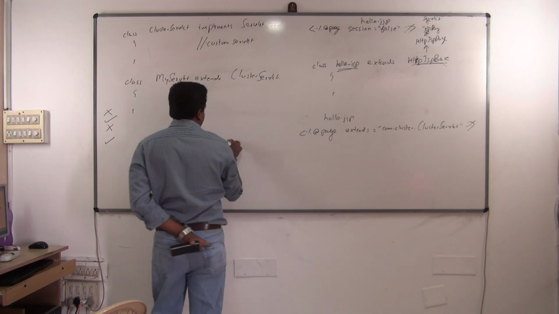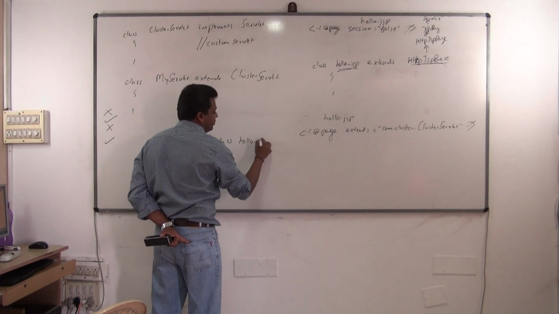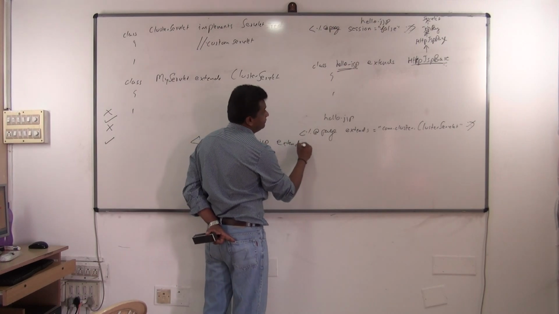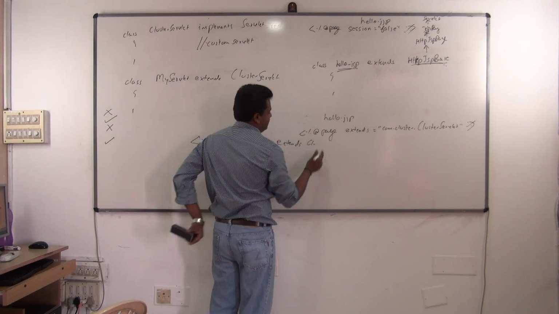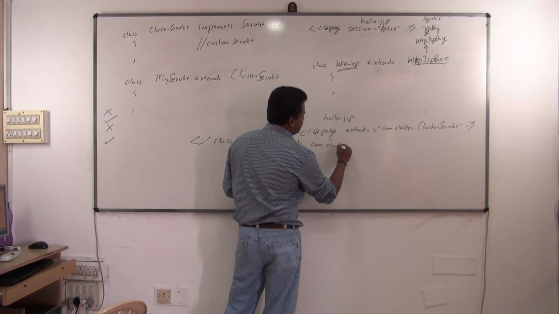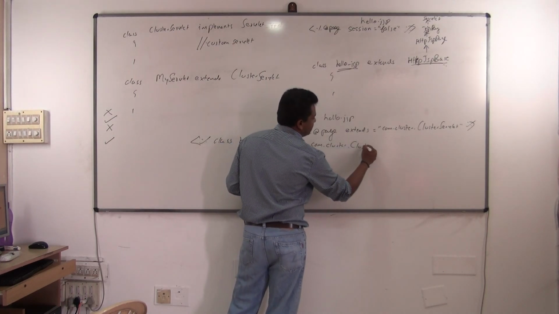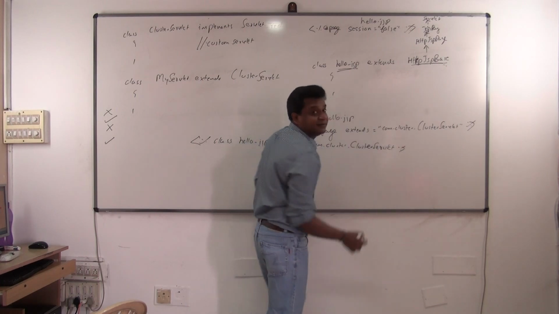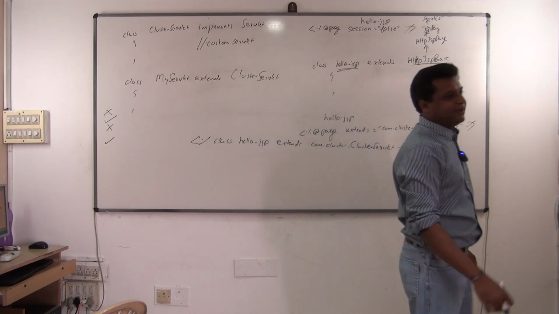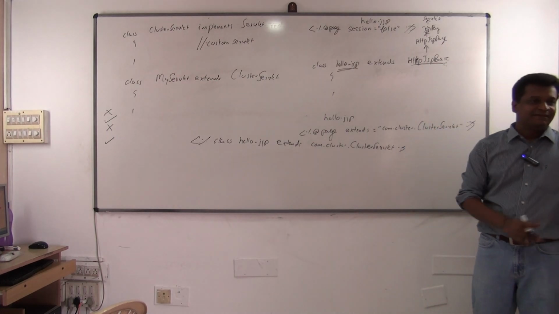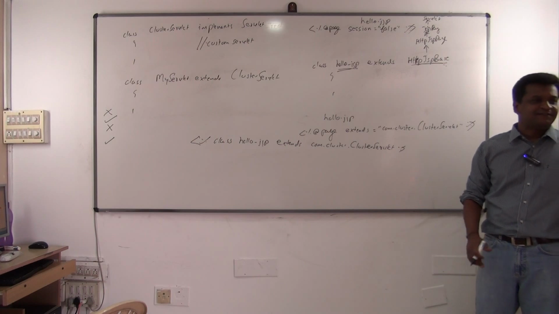Somehow you find it out and write class hello_JSP extends com.cluster.ClusterServlet. Where will this code enter? Inside the service method. In fact it should be at the class level, outside. So there are too many complications.